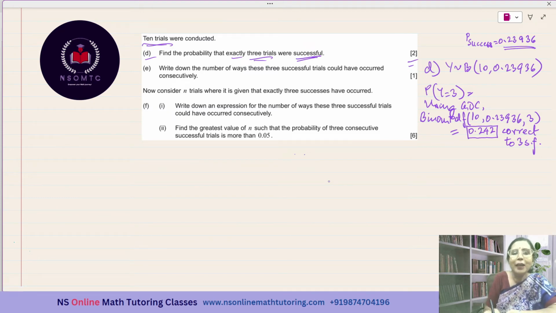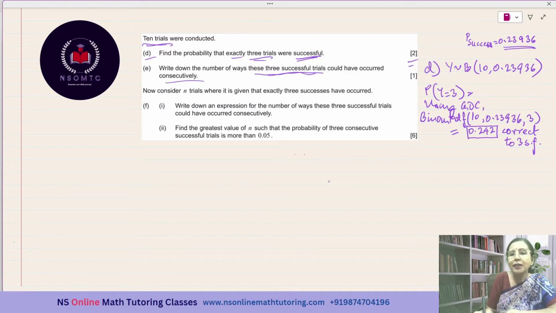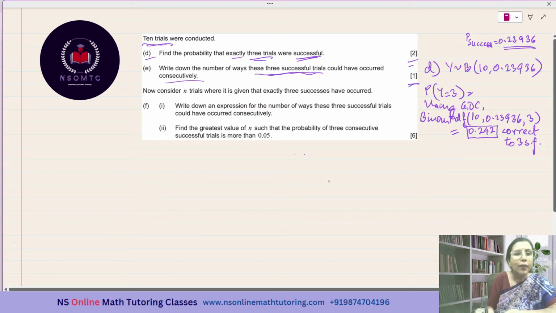Subpart E. Write down the number of ways these 3 successful trials could have occurred consecutively. Number of ways. Okay, it is containing just a single mark. Okay, fine. So I can write the answer of subpart E over here. There are 10 trials.